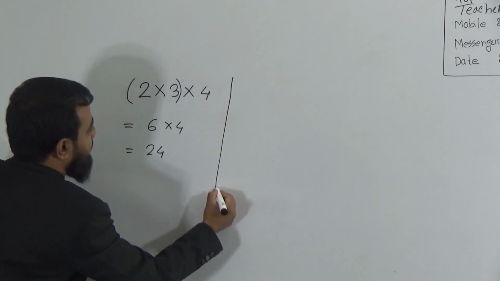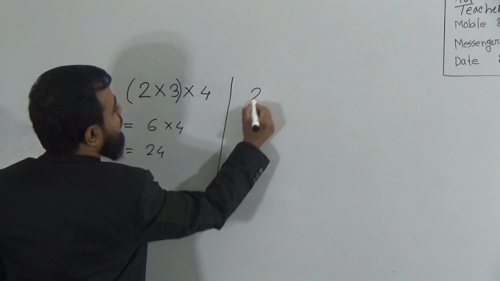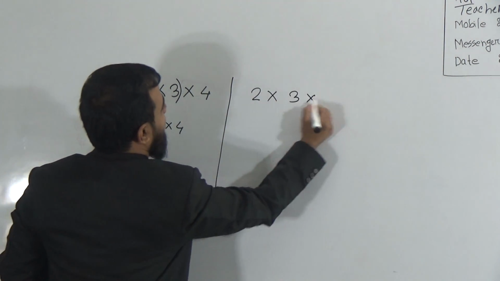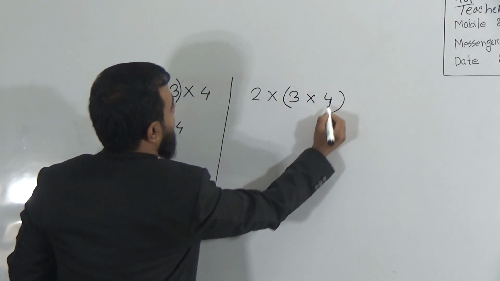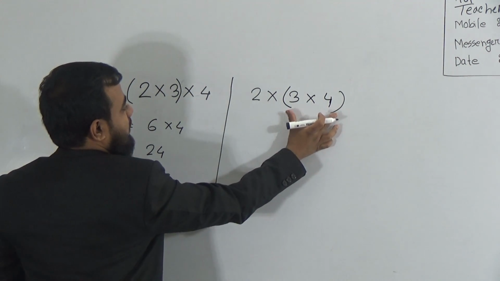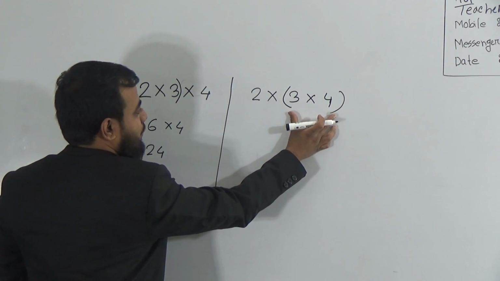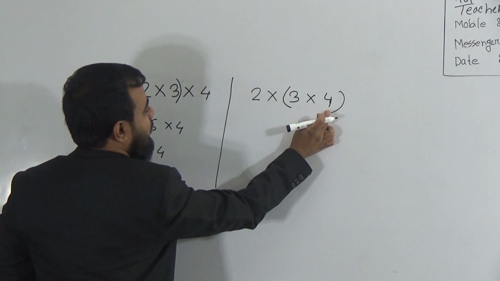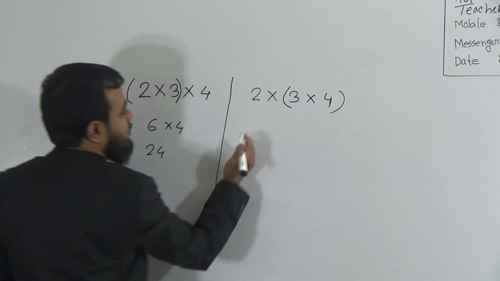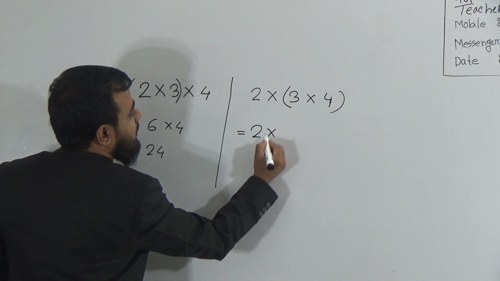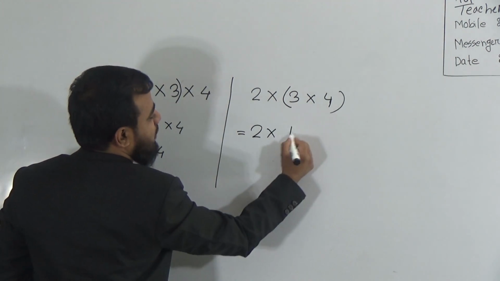But if we multiply these two first, that means 2 multiplied by 3 multiplied by 4, now our bracket is here. This means first of all we have to multiply 3 with 4, then multiply this result with 2. So 2 remains here. 3 fours are how much? 3 fours are 12.